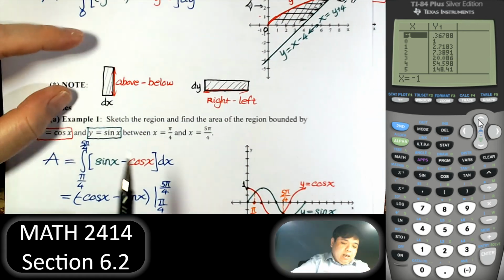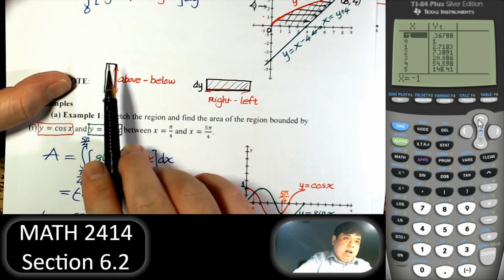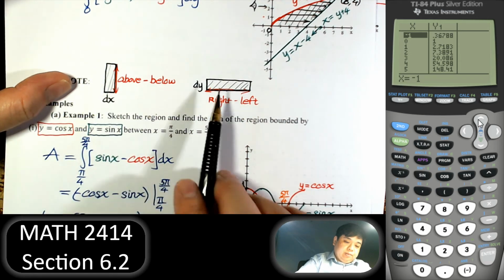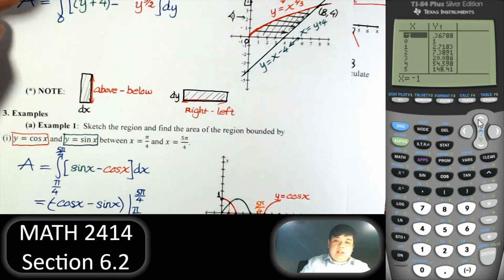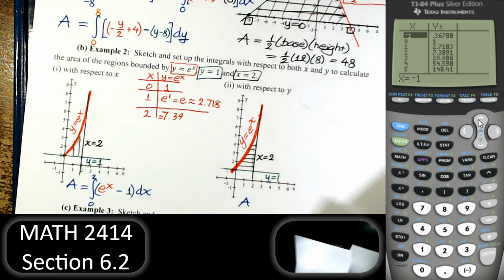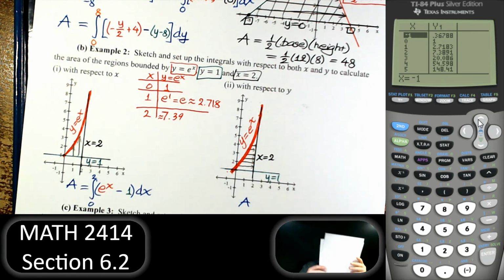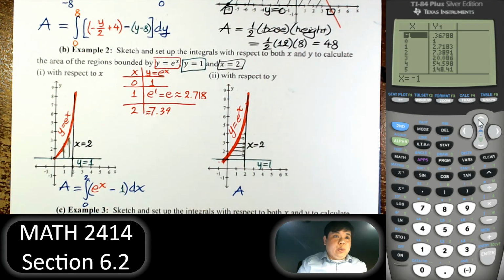So if we have dx, we need the vertical component, the upper function minus lower function. If we have dy already, we're going to need the horizontal component, the function on the right minus the function on the left. So the function on the right is x equal to 2. We cannot put x in it if it is dy.